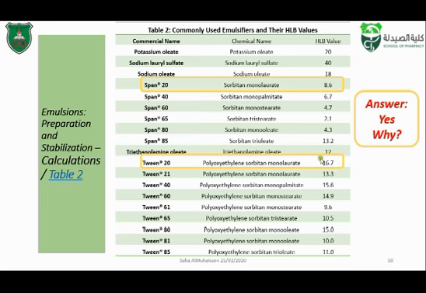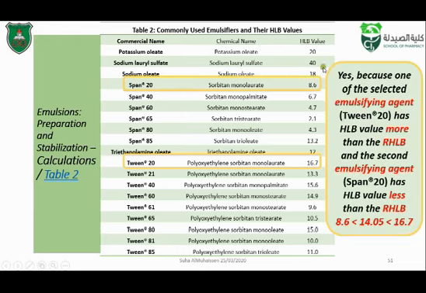Not only because these two emulsifying agents have the same hydrocarbon length, but because one of the selected emulsifying agents, Tween 20, has an HLB value more than the required HLB, and the second emulsifying agent, Span 20, has an HLB value less than the required HLB.